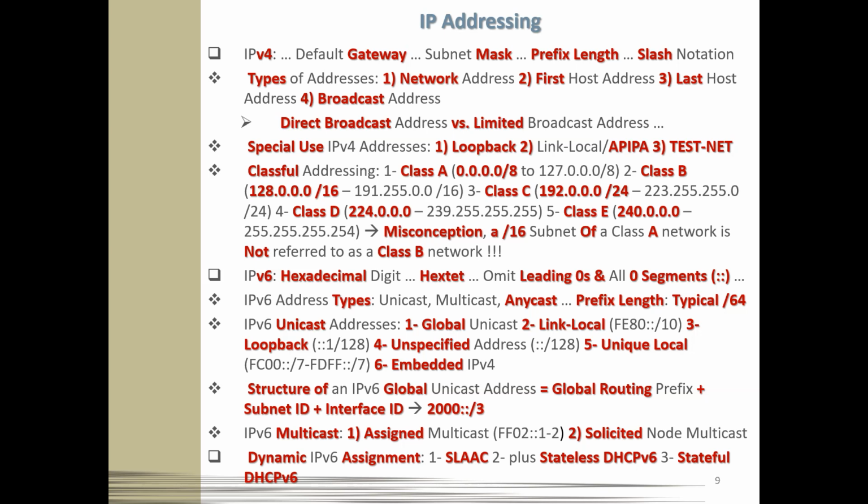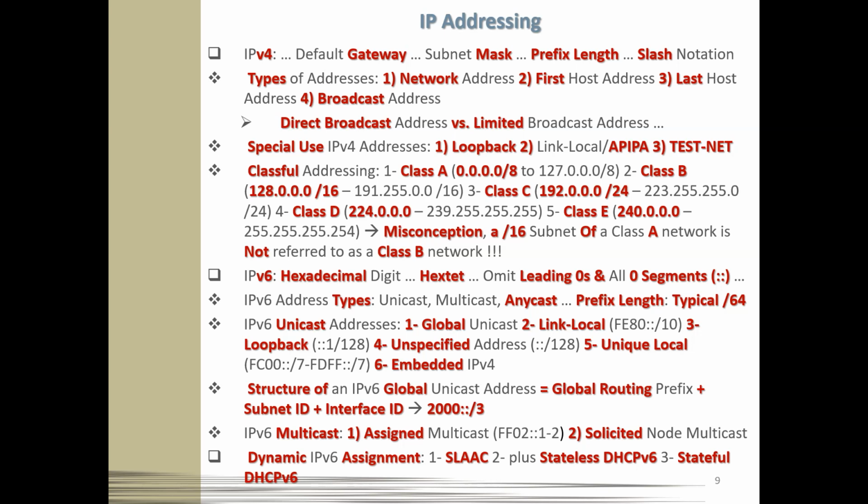So, in summary, every 4 bits is a single hexadecimal digit, and every 4 hexadecimal digits or segment of 16 bits is a hextet. Therefore, an IPv6 address can be represented by 8 hextets, because 8 times 16 is 128 bits.